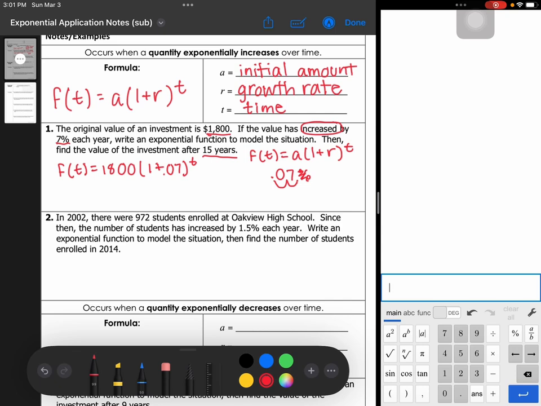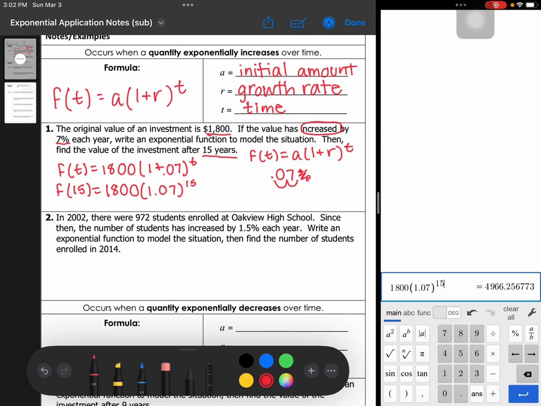So now we know that we want to know how much the investment is worth after 15 years. So everywhere that I see t, I'm going to replace it with 15 because that's the amount of time. Perfect. And the nice thing is we can actually plug this whole thing into our Desmos calculator. So we're starting with 1,800, then in parentheses, I'm going to have 1.07, and that's to the 15th power.